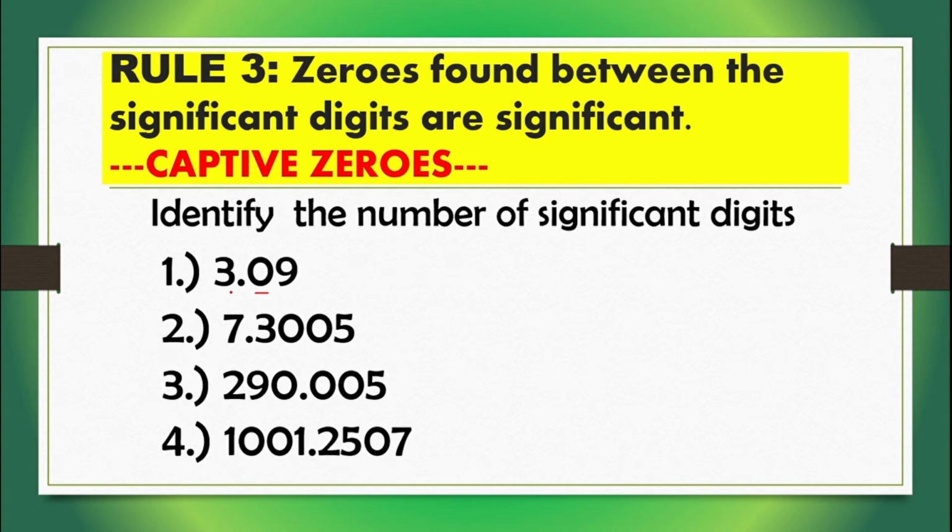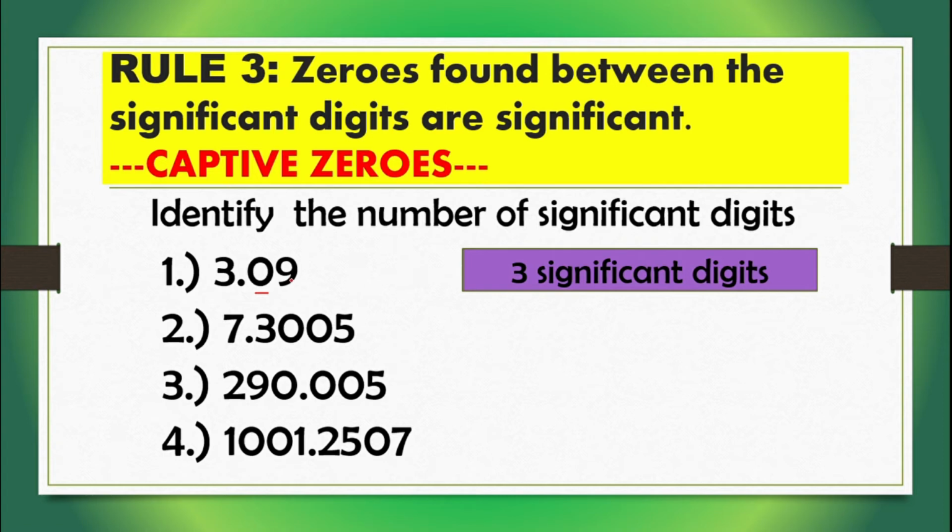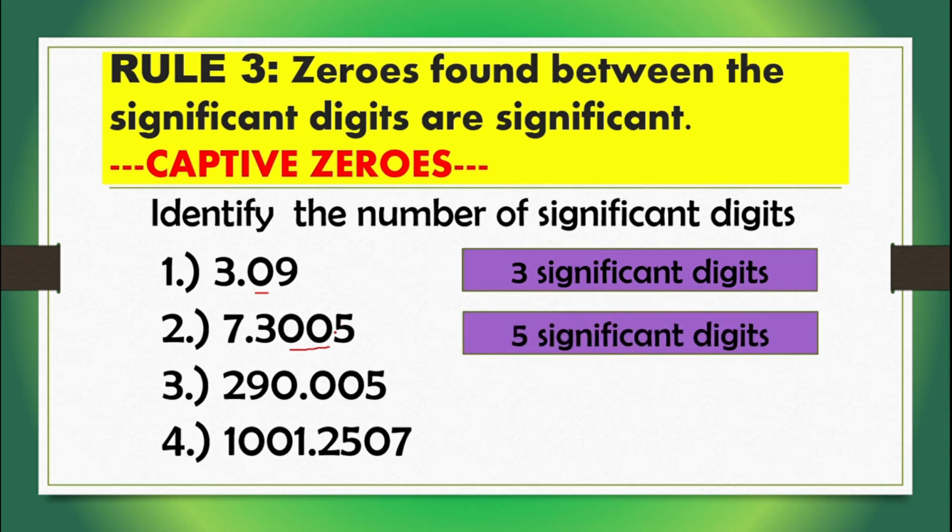And if we count them, we will have 1, 2, 3 significant digits. Next, for number 2. Again, we have here 2 zeros between significant digits, and therefore these 2 zeros are also significant. So if we count them, we will have 1, 2, 3, 4, 5 significant digits.